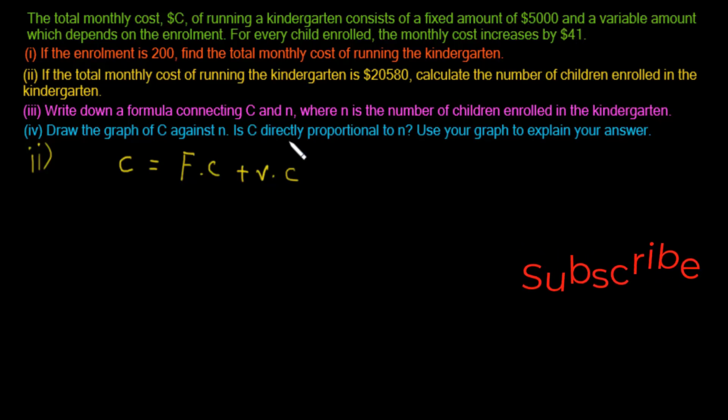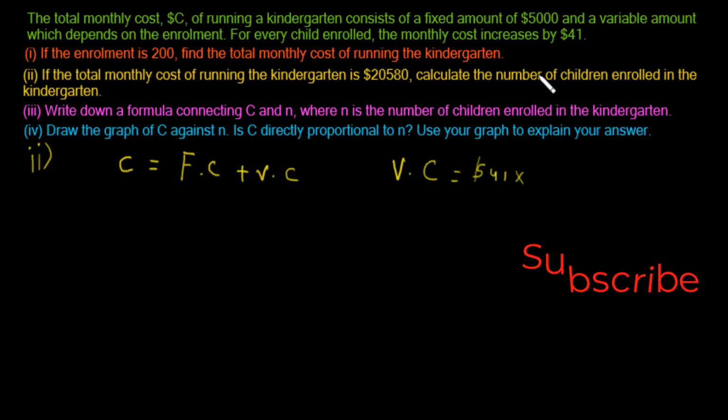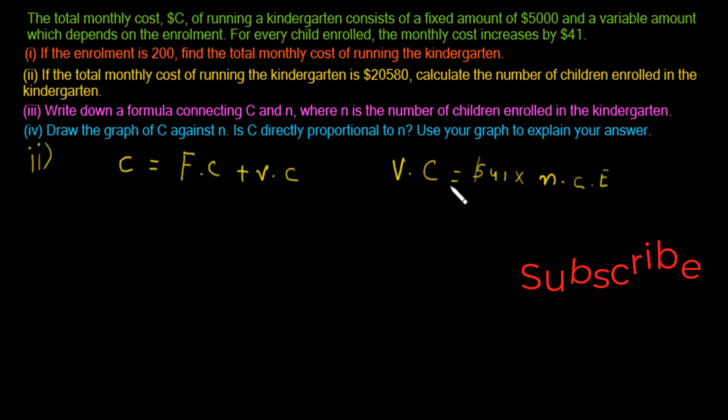This is the fixed cost. For the variable cost, we know that for every child enrolled, the monthly cost increases by $41, so this variable cost is equal to $41 multiplied by the number of children enrolled. So this is the variable cost. We know this as well.